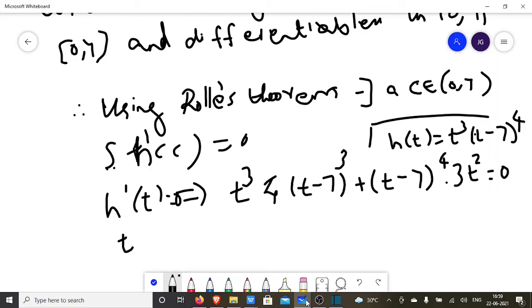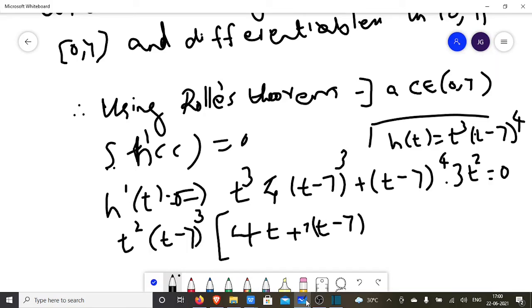So t square into (t minus 7) all cube into [4t plus (t minus 7) into 3] is equal to 0.